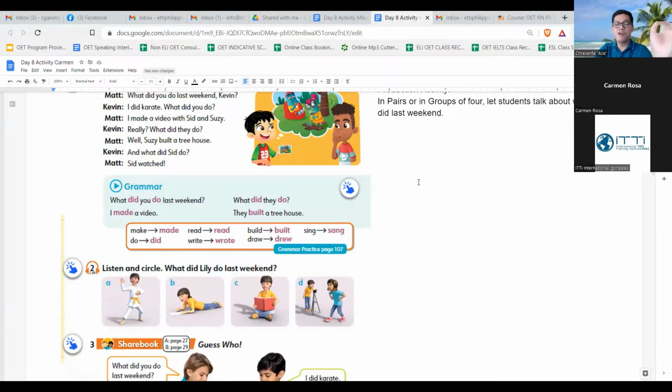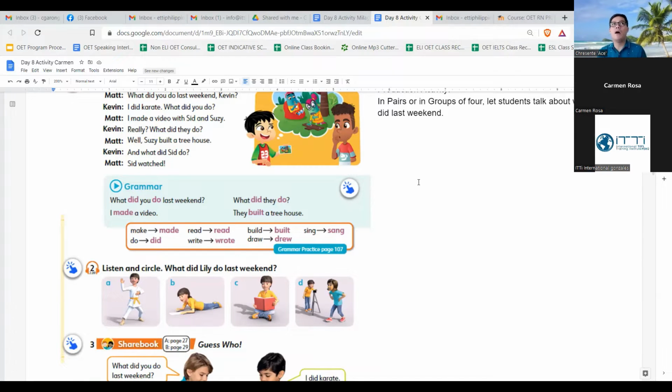So the first thing you have to do here, when you try to explain, is go back and differentiate regular and irregular: words that end with -ed and words that change in form, in spelling. That's how you differentiate.